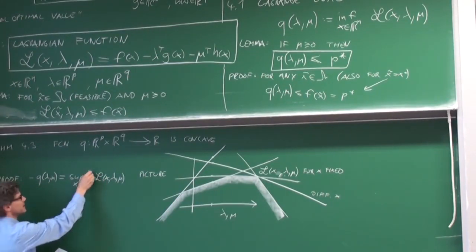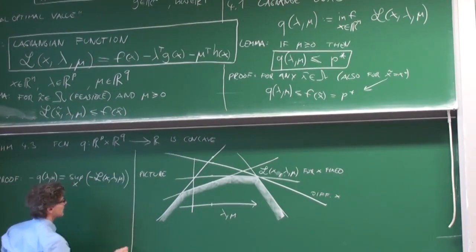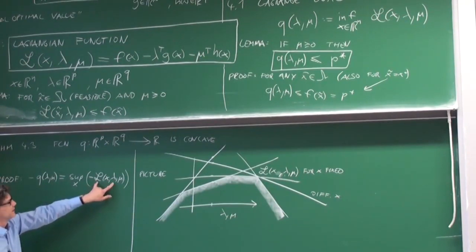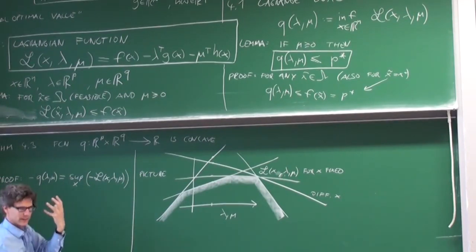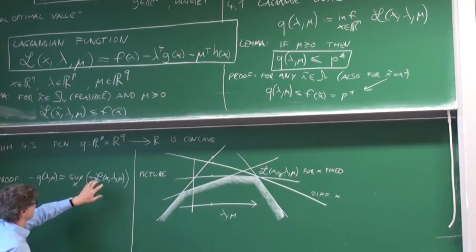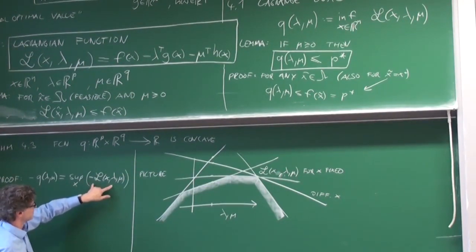I just put a minus sign to make a maximization from a minimization. And these are linear functions in lambda and mu for every single x. That's the main point. x is now an index and not a variable anymore.